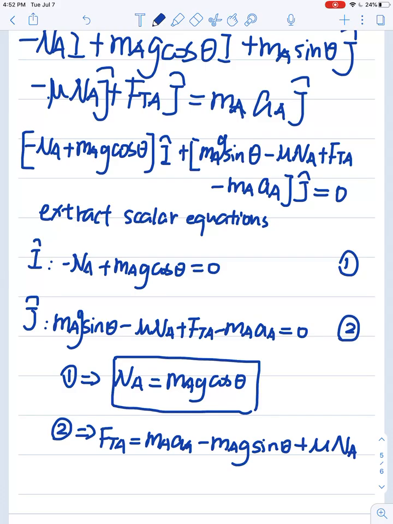Of course, you can plug in NA from the first equation here. But from the second equation, we can find the expression for FTA. We do have unknowns here. For example, this AA is an unknown, we don't know it. So we cannot solve for FTA directly, but this equation is going to be helpful.